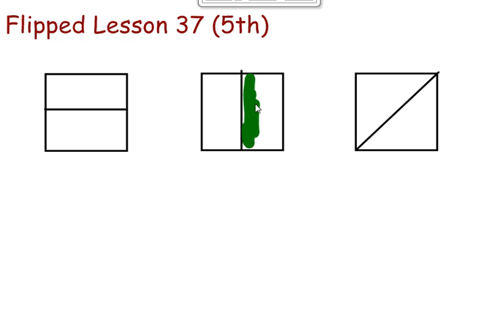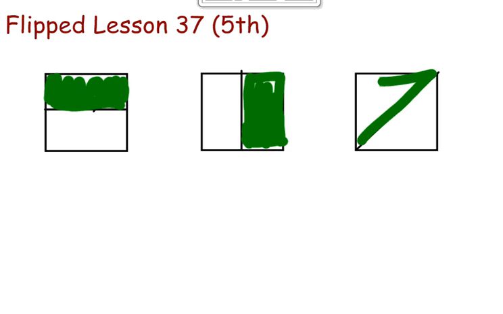And then we could take some time, color it in, and you would know that that was half right there. That line's a little bit too high. But each of these pictures now represents the fraction 1/2. And so we see that idea.